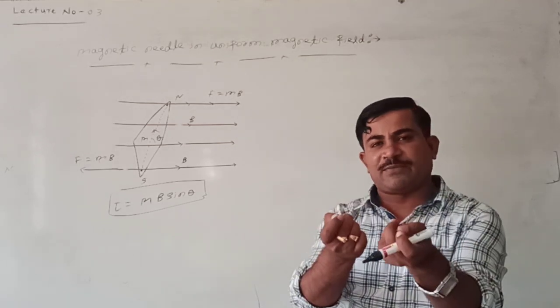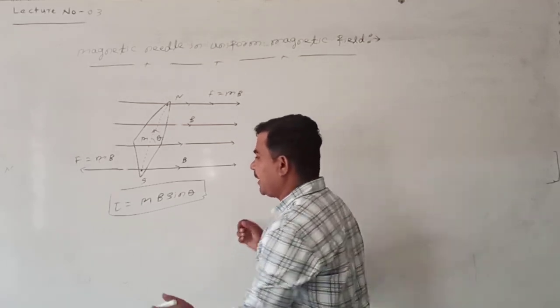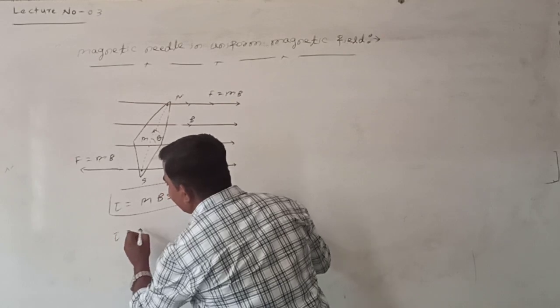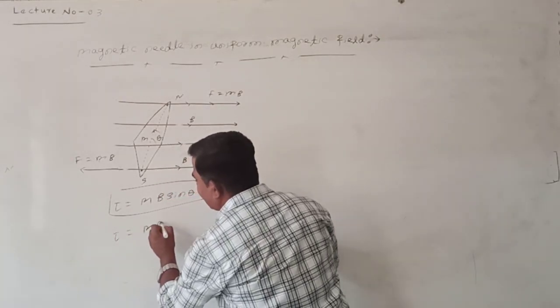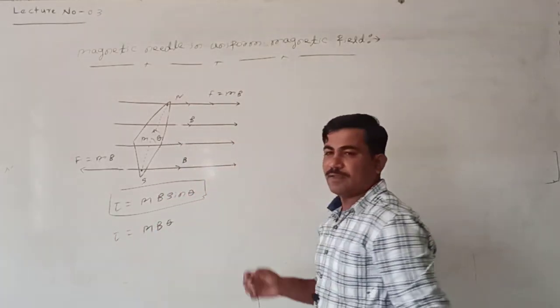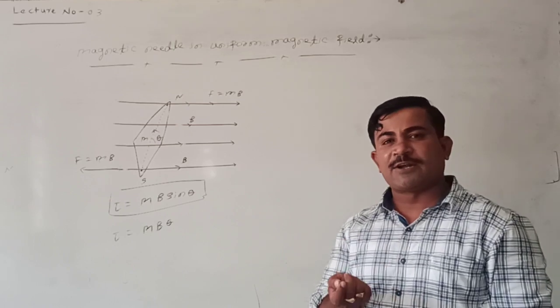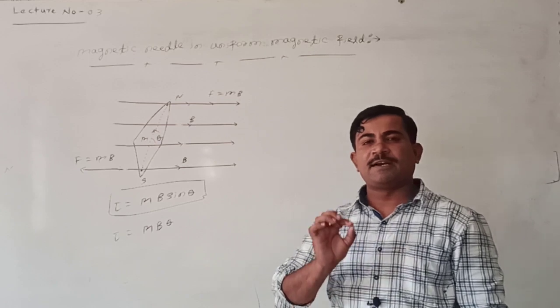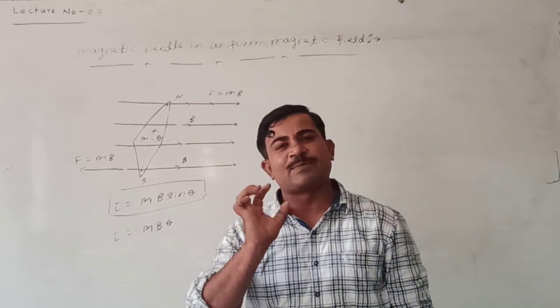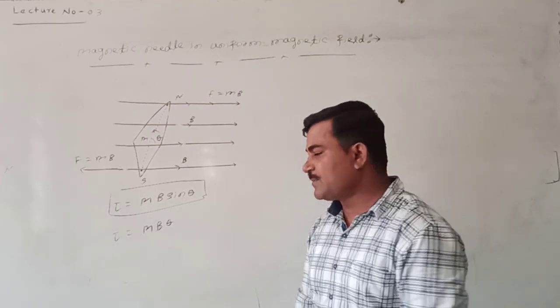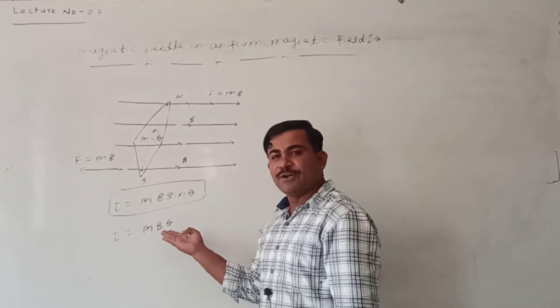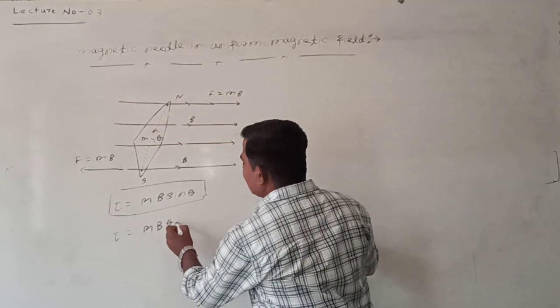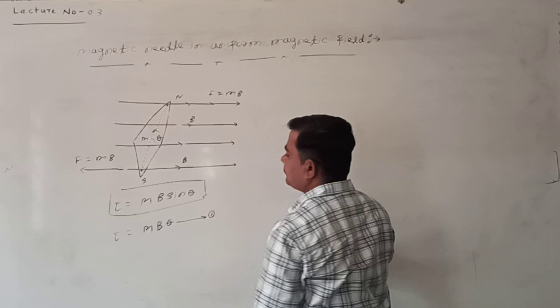If theta is very, very small, then sin theta is nearly equal to theta. Why am I taking sin theta nearly equal to theta? Due to this restoring torque, the magnetic needle rotates with a very small angle. Now I can call this equation number 1.